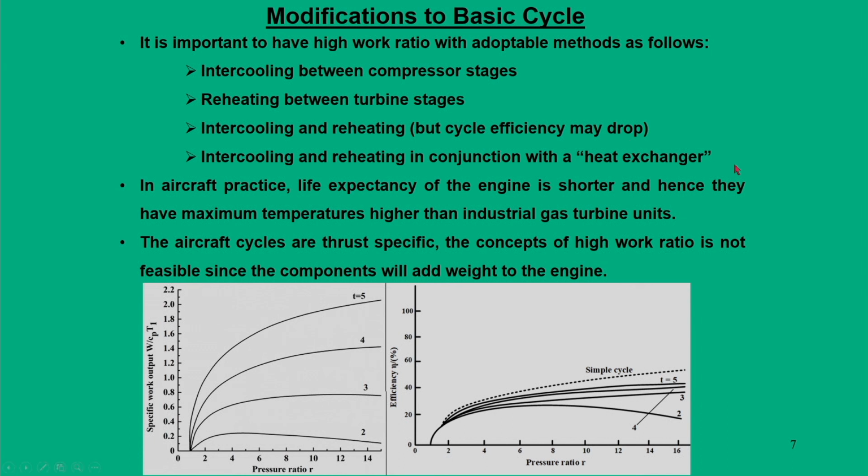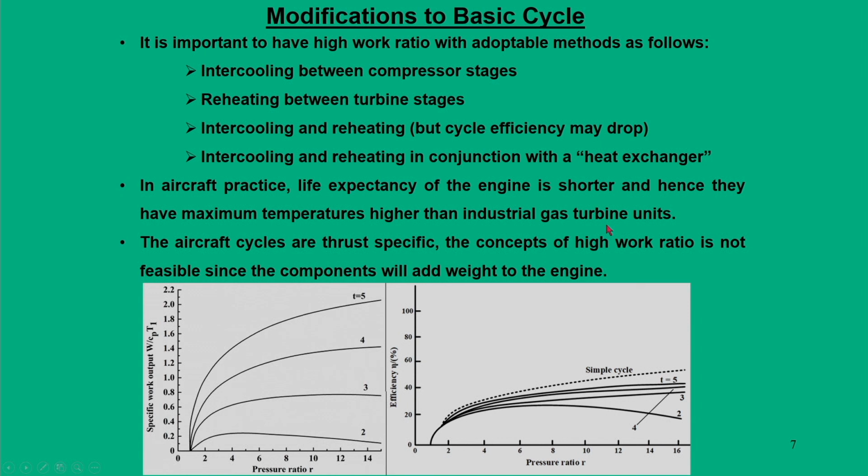So, these four things are very vital for the design of a gas turbine power plant. This is mainly used when we have a shaft power cycle, but in aircraft practice we expect thrust. The life expectancy of the engine is shorter, hence the maximum temperature is higher than in the industrial gas turbine unit.